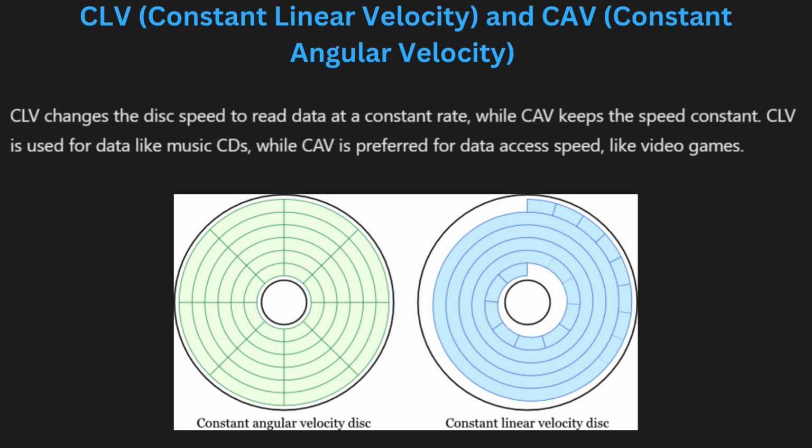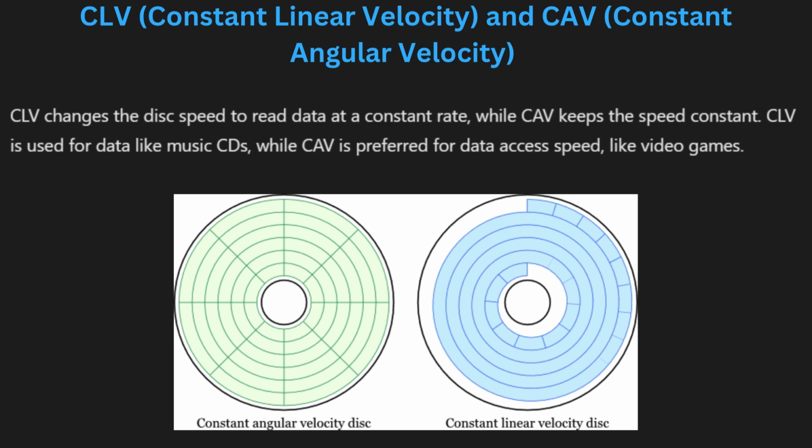So now the CLV and the CAV. The constant linear velocity, CLV, is a data storage technique used primarily in optical media such as CDs and DVDs. In the CLV, the disk rotational speed varies depending on the position of the read head, ensuring that the data is read at a constant rate regardless of its position on the disk.